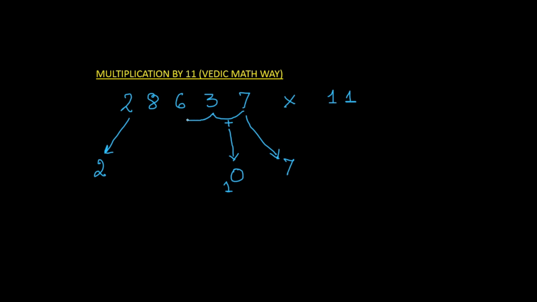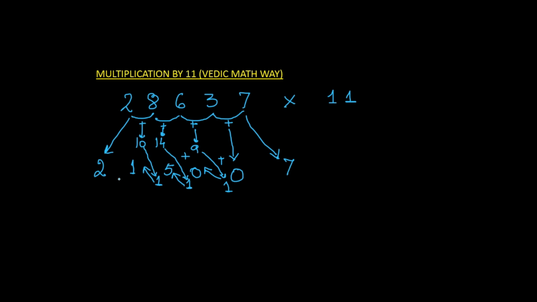6 plus 3 is 9, and 9 added to this carry gives us a 10 again. So write a 0 and keep a carry 1 again. 8 plus 6 is 14. 14 added to this carry gives you 15. So we write the 5 of the 15 and keep 1 for the carry. And 8 plus 2 gives us a 10. 10 added to this carry over 1 gives us an 11.